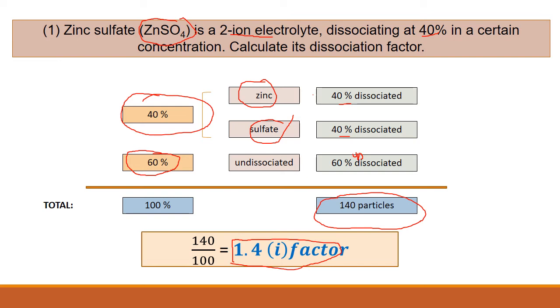And then for our percentage, we only have to use the 40%. Okay, and then we can already identify the undissociated value, which is 60%, through 100% minus 40% is 60%, that is undissociated. So you also have to write 60% undissociated. So that is 140 particles. 140 divided by 100 is 1.4.